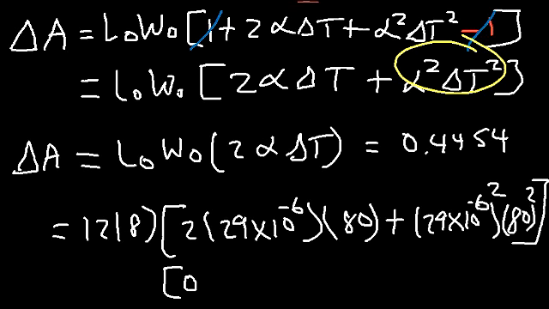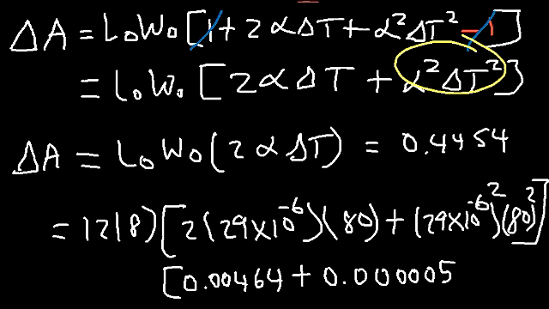This part is about 0.00464. 29 times 10 to the minus 6 times 80, and then if you square it, you're going to get a very small number of 0.000005382. And 12 times 8 is 96.